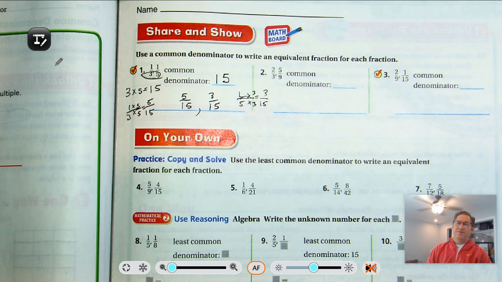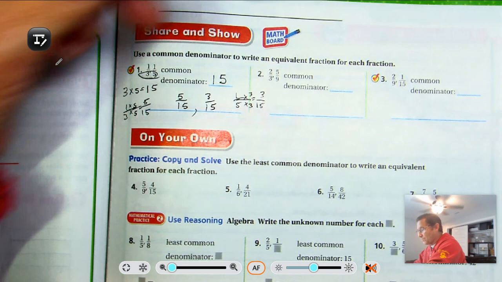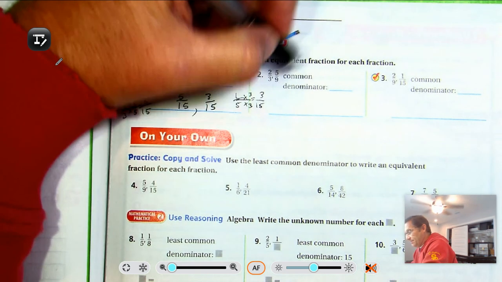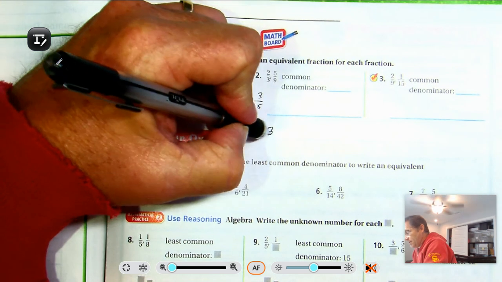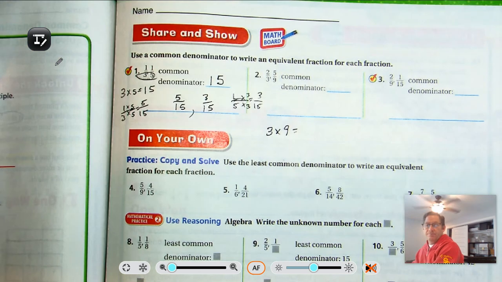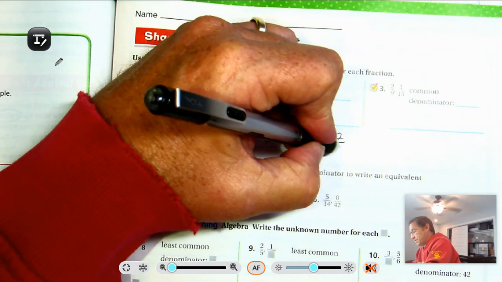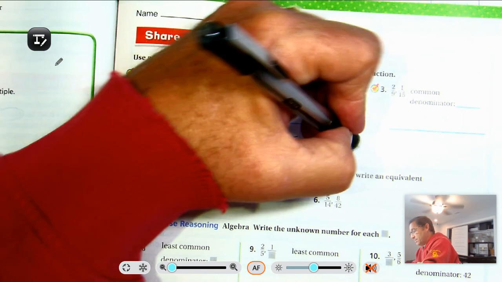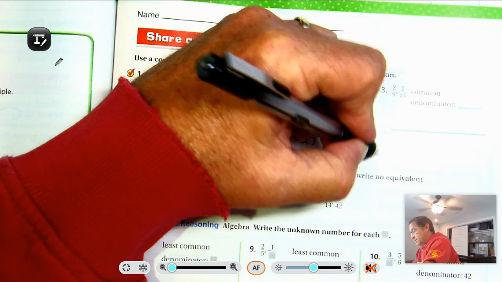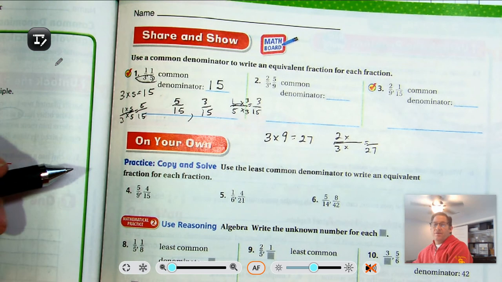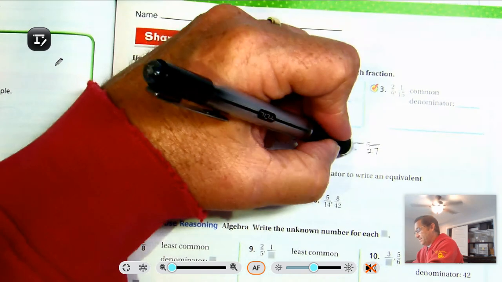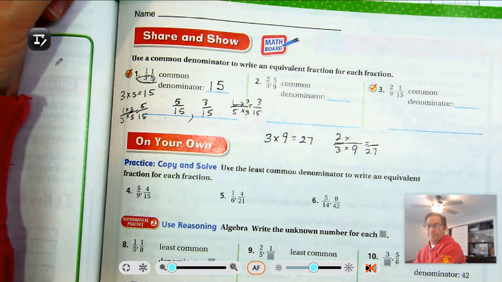Right? 2/3 and 5/9. Okay, again, it just says find a common denominator. So 3 times 9. 3 times 9 is 27. What do I have to multiply thirds by to get 27ths? 9.